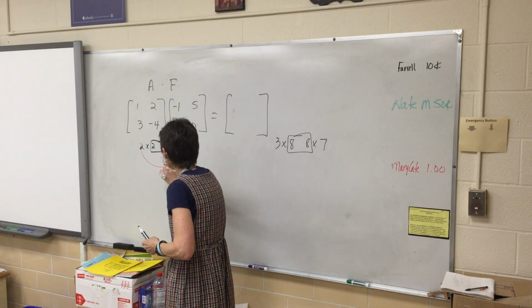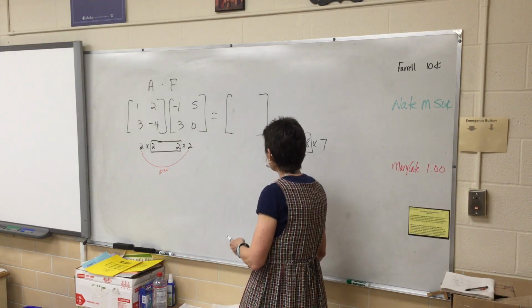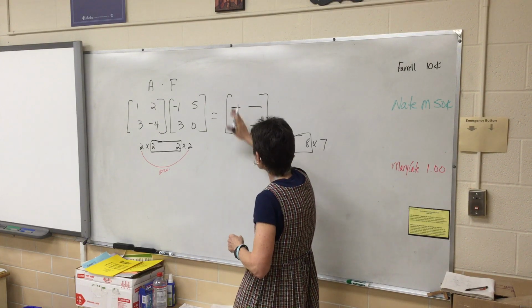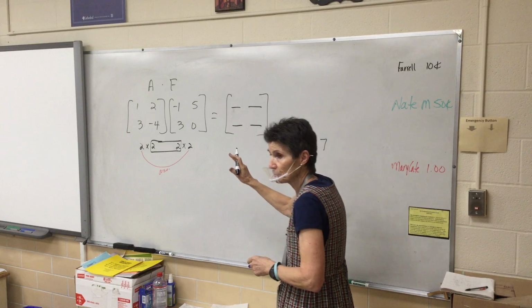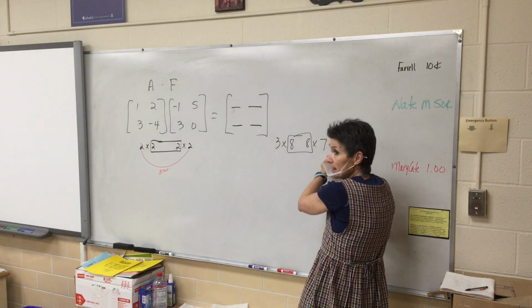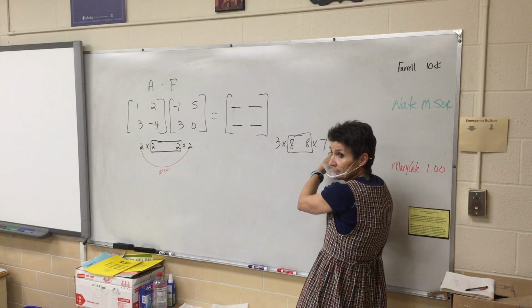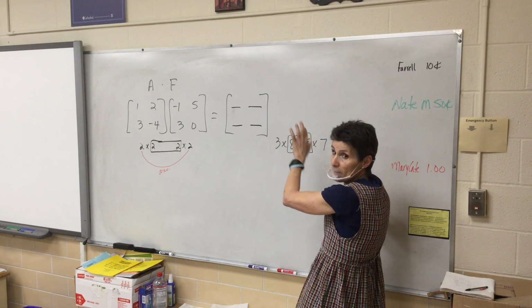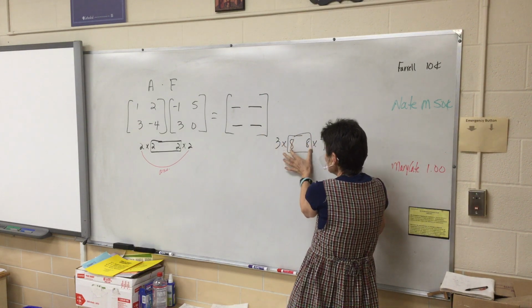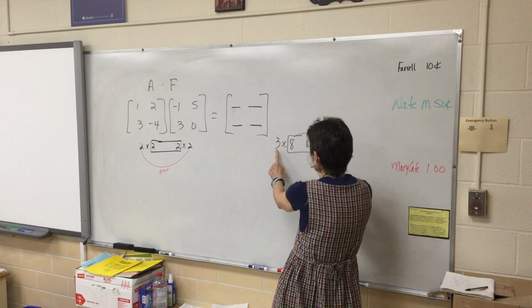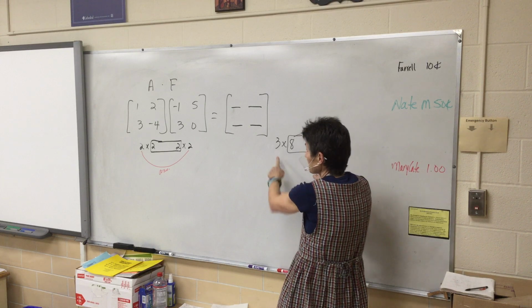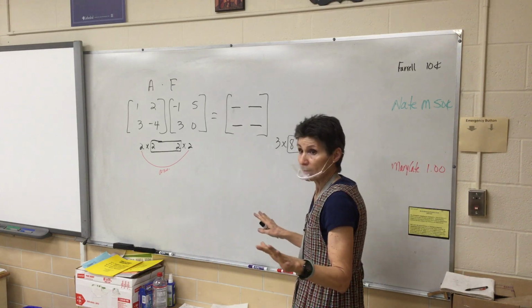So my answer is going to be another 2 by 2. 2 rows, 2 columns. Now in this example I put over here, my answer would be a 3 by 7. Multiplication is its own animal. These dimensions have to match. These dimensions give you the size of the answer. Okay? So everybody with me so far?